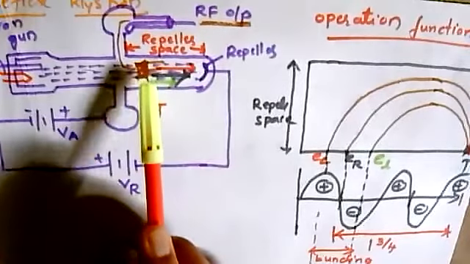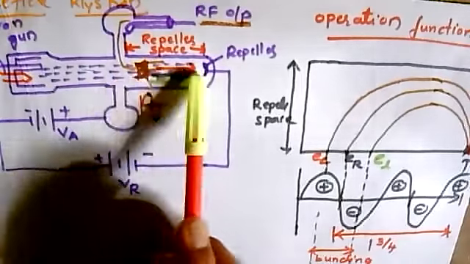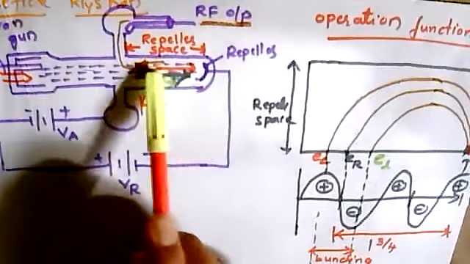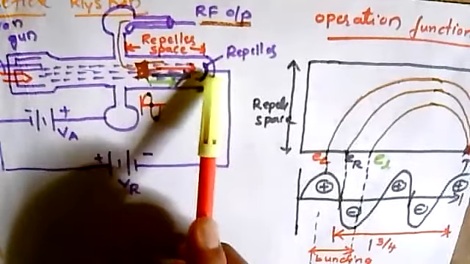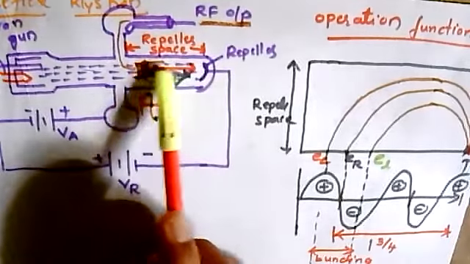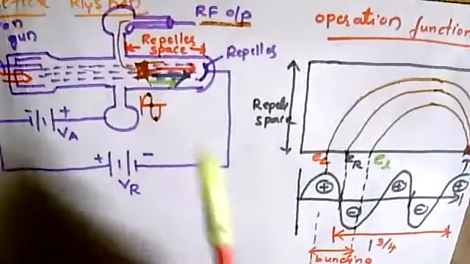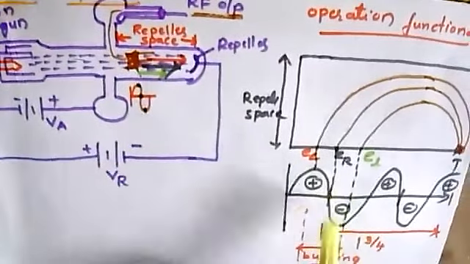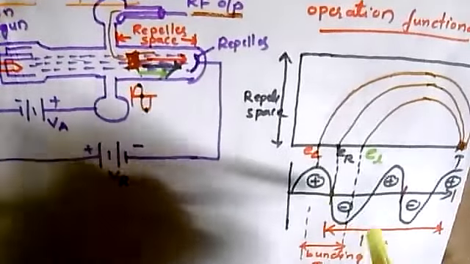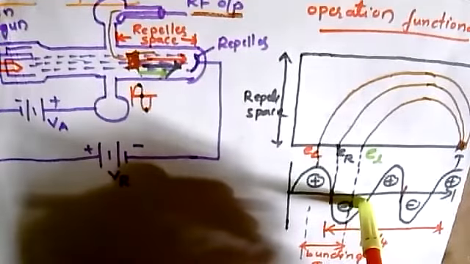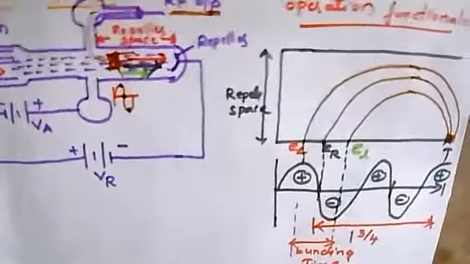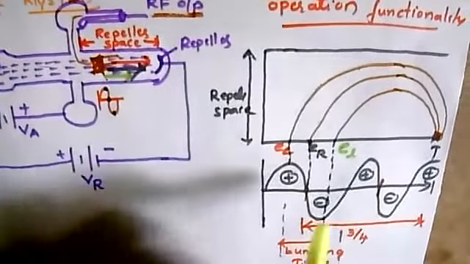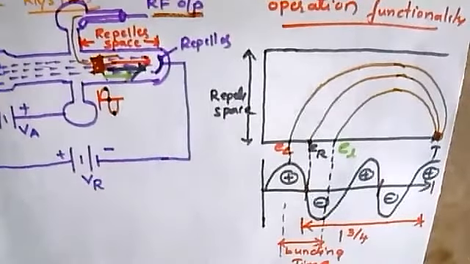During the forward journey, the variation of velocity of the electrons takes place, and while reflecting back from the repeller, they form the bunch, and the bunches will be collected back. How the bunches are formed can be explained by using this applegate diagram or waveform structure. So this is how the bunching operational functionality of reflex klystron works.